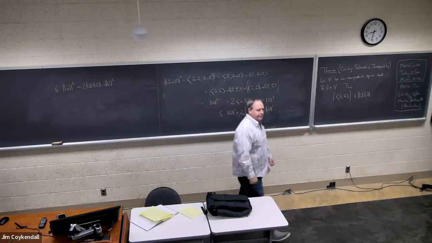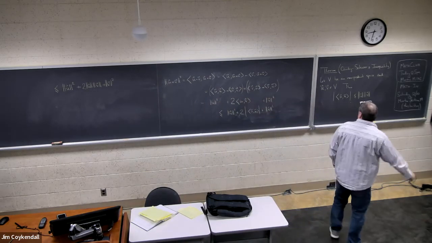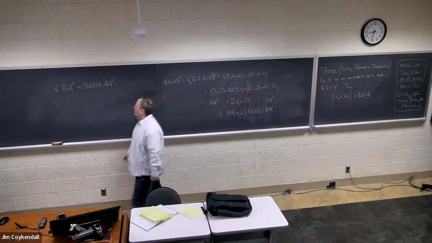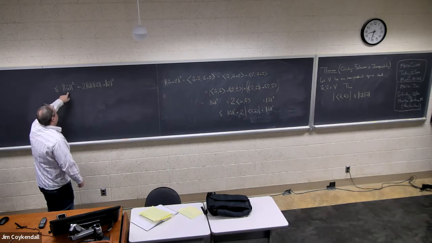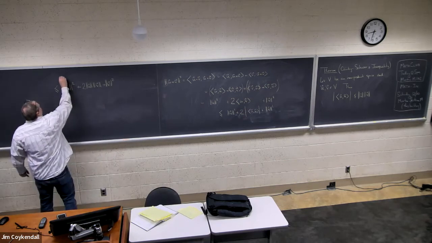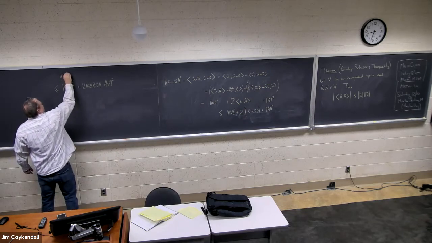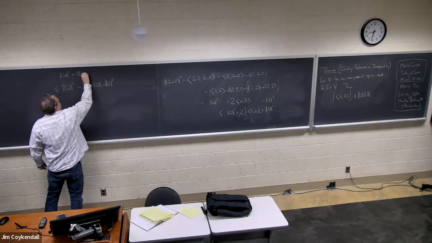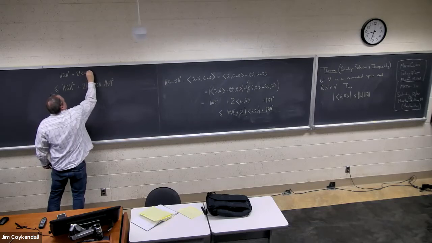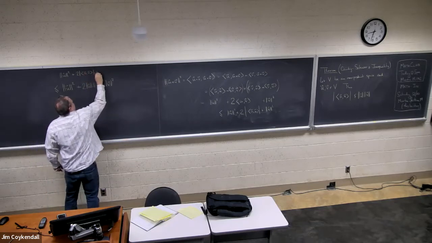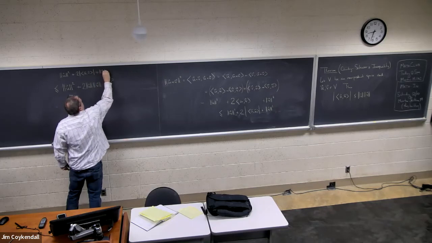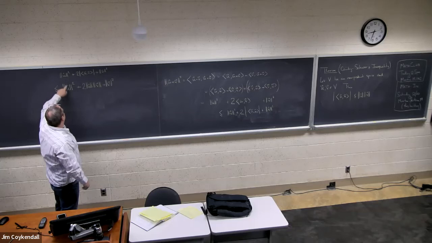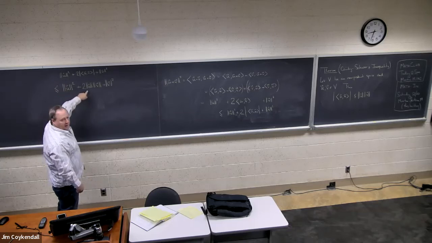How do I make that step? I'm saying this guy is smaller than or equal to this. So in fact, we repeat that one here. This thing, which was the last thing on the board over there, is less than or equal to this one right there.